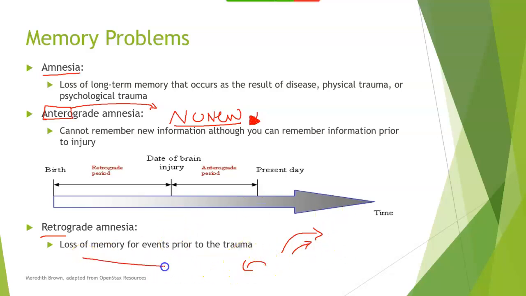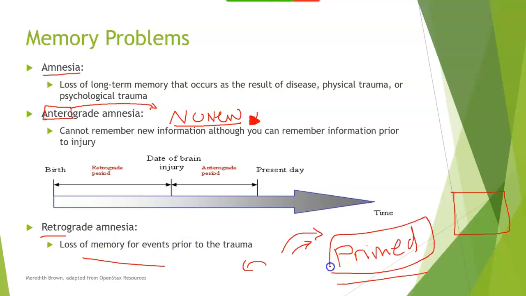Now, here's the thing, though. A lot of the time, stuff that we're primed for, somebody may have lost their memory, but you give them access to building tools, and all of a sudden they're building this awesome project because maybe they were in construction prior, because that information was primed. It was in the procedural memory. They just know. It's just there.